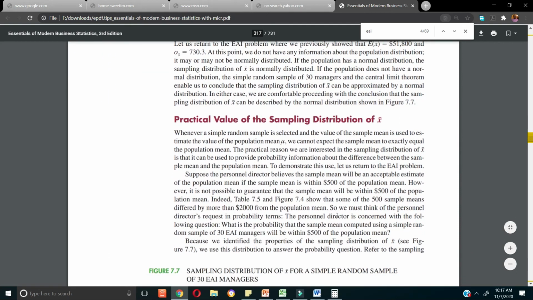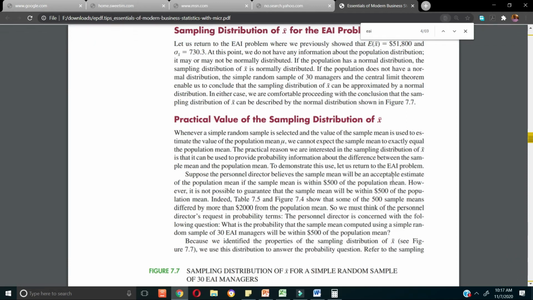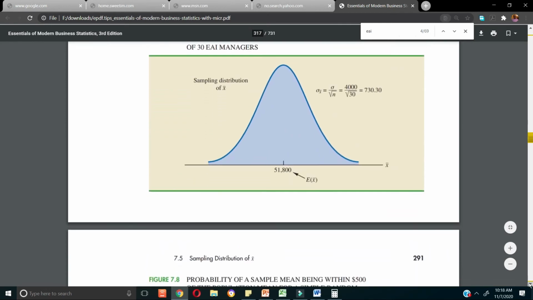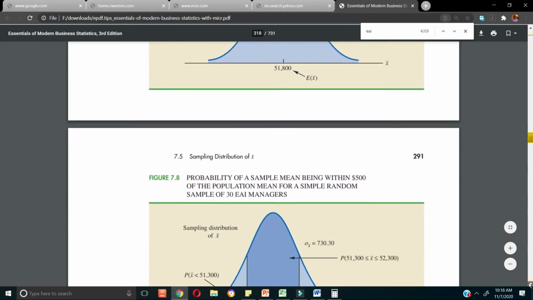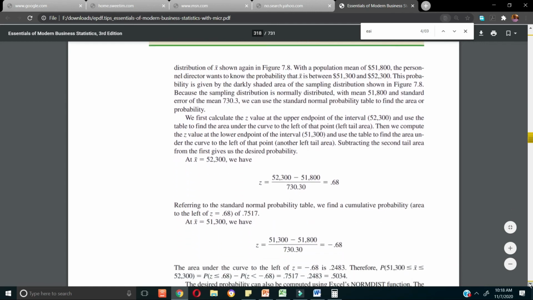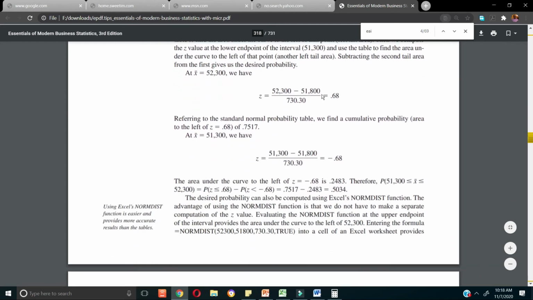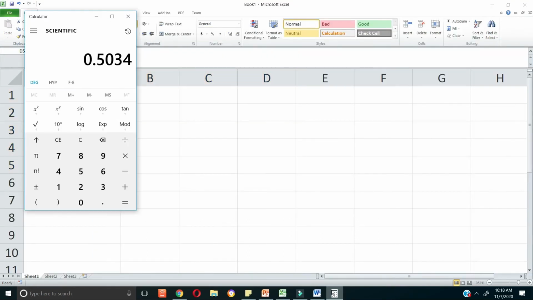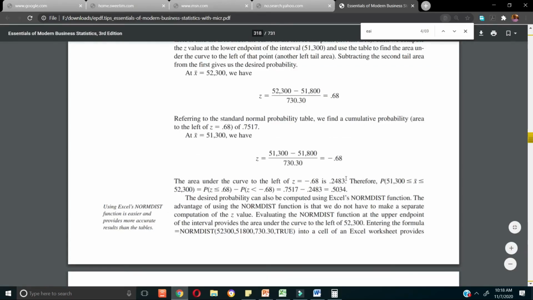Back to the EI problem, they are deriving the values. We get the z values, which you can see over here, similar to what we just got. Then the actual area under the curve is 0.5034. So you can see that our values are exactly the same as the values in the book.